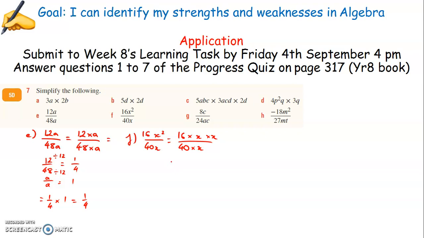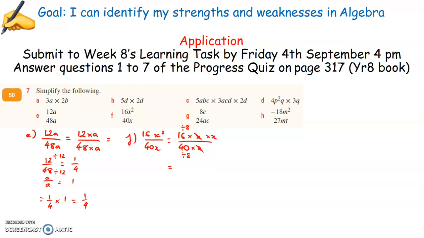Now, there's a few: there's 2, there's 4, but the largest number that can go into 16 and 40 is 8. So I'm going to divide 16 and 40 by 8. And also, I can see that at the top I've got 2 x's, and at the bottom I've got 1x. So I can just cancel one of the x's, top and bottom.